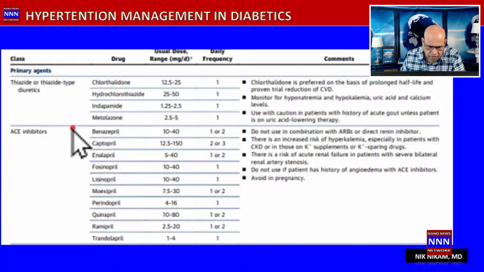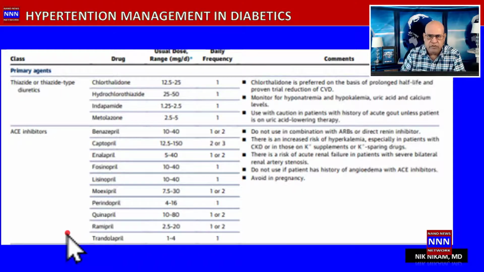ACE inhibitors, there's a long list of ACE inhibitors, but you have to see what drugs are approved in a patient's formulary. That's number one criteria. Number two, be familiar with one or two drugs. I usually use lisinopril because that's what my workplace has, so I don't need to learn several different drugs.